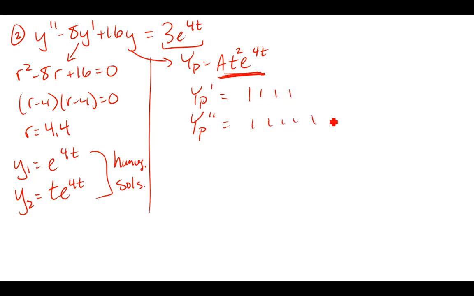I mean, there's just a lot of terms, right? You're just going to get a lot of product rules, okay? And you plug all that stuff into the ODE, oh my goodness, okay? And you simplify, oh, okay? And then you're going to be able to figure out how much A is, right? So if you'll take my word for it, this will work.